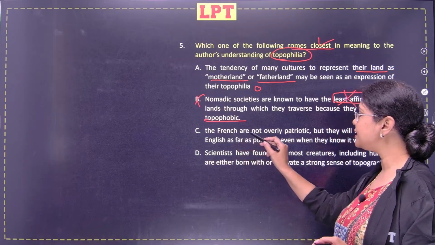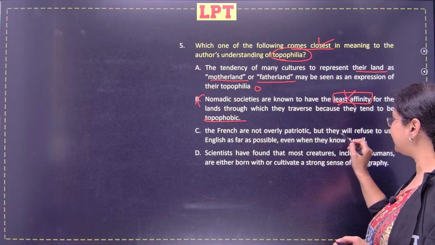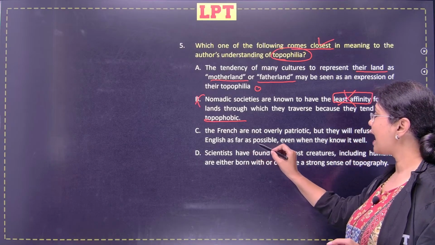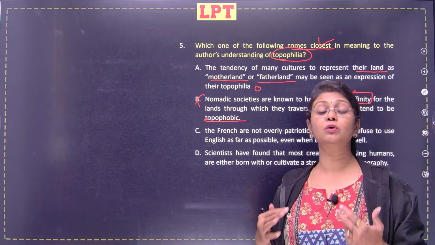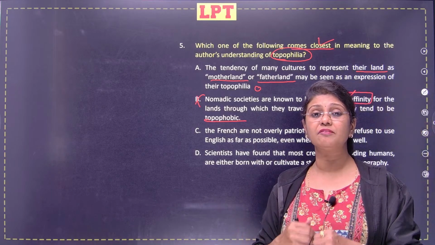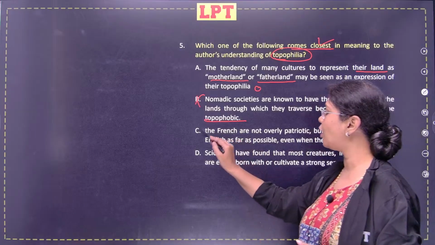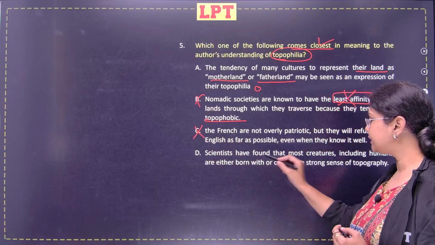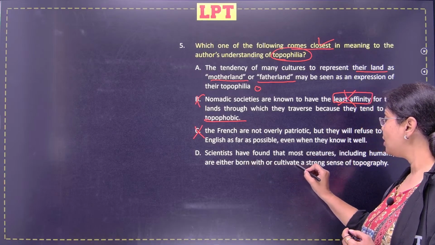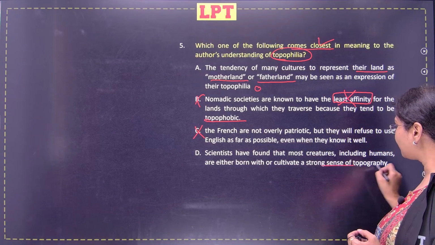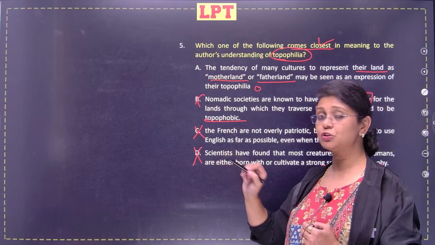Next says the French are not overly patriotic, but they will refuse to use English as far as possible, even when they know it well. Well, this talks about language per se, and we are referring to the place. So even this will not be the example. And it says scientists have found that most creatures, including humans, are either born with or cultivate a strong sense of topography. Again, this is not going to be the answer.